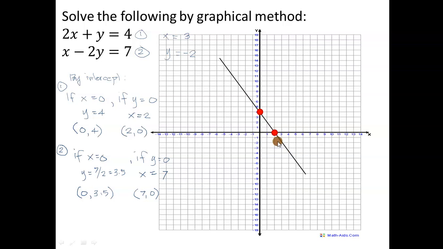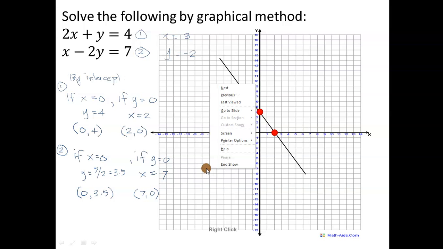By the way, you can draw the line connecting the two points so that we can find the intersection of the two lines. So this is the line of 2x plus y equals 4.